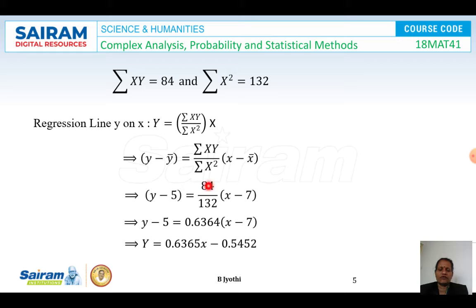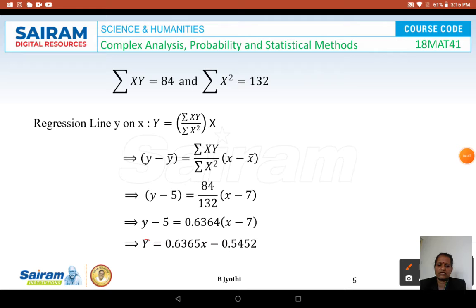On simplification, 84 divided by 132 gives us 0.6364, which on simplification gives y equals 0.6364x plus 0.5452. This is what we are going to get. I'll just change here. This has to be the small y, right? Okay.